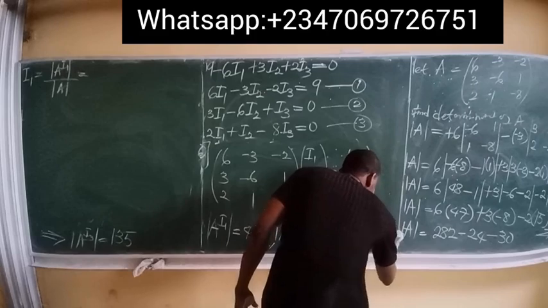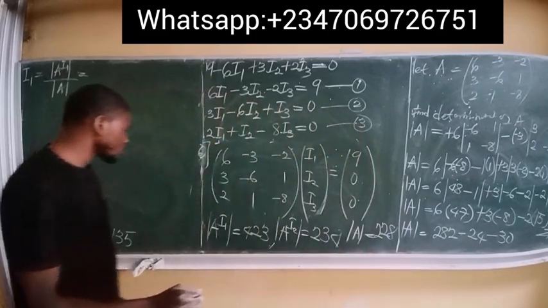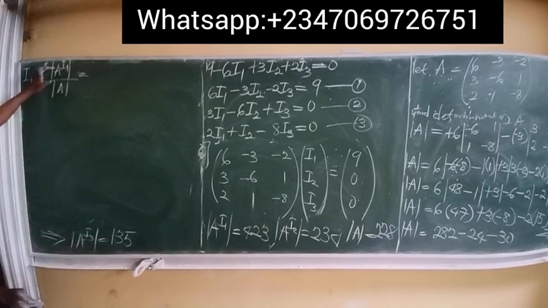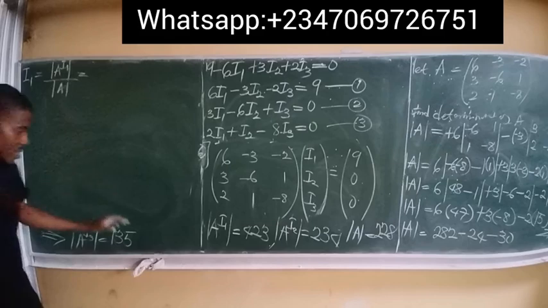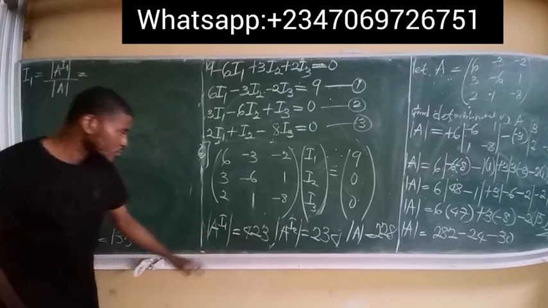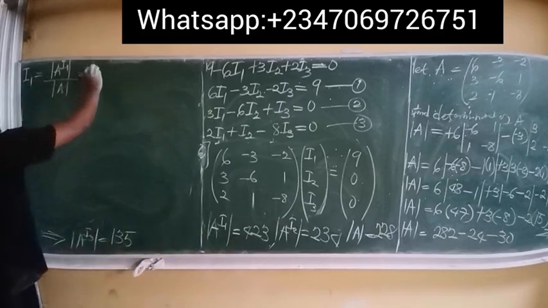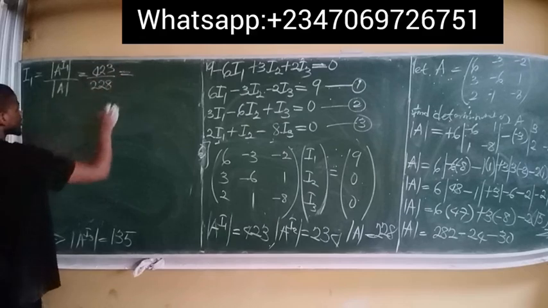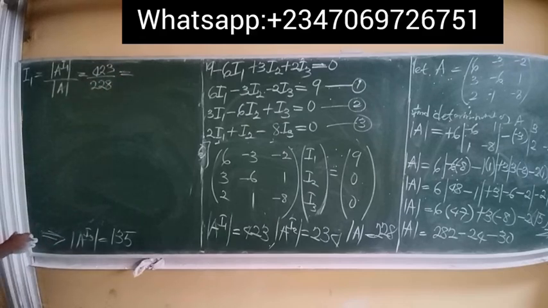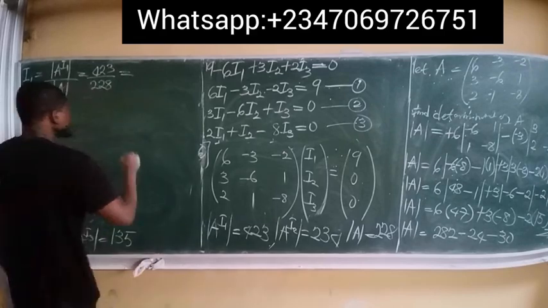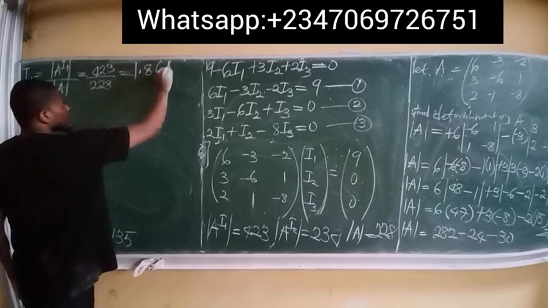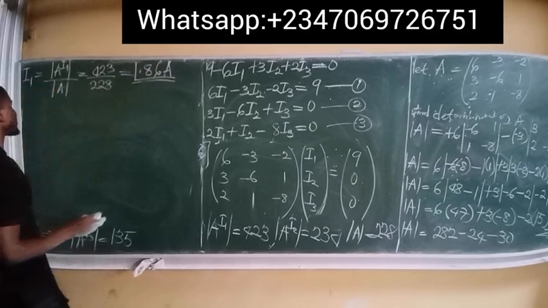The determinant of A gave us 228. So to obtain I1, it is simply determinant AI1 all over determinant of A. And the determinant AI1 gave us 423. So this is simply 423 all over 228. And therefore, the first current is simply 1.86 amps. Okay, that's the first current.